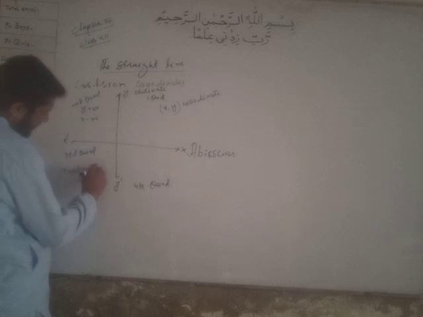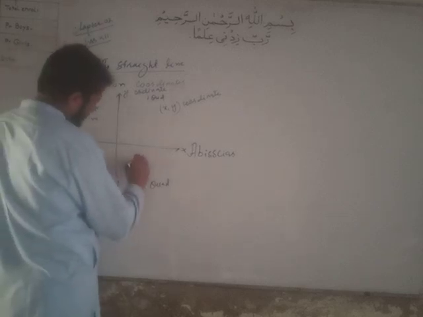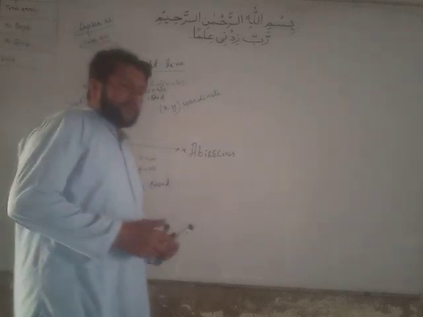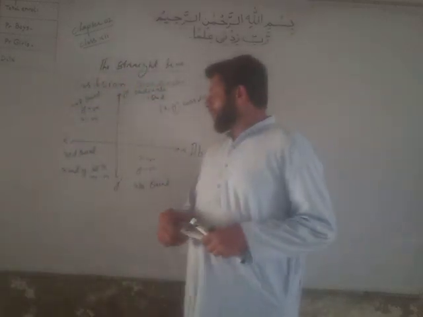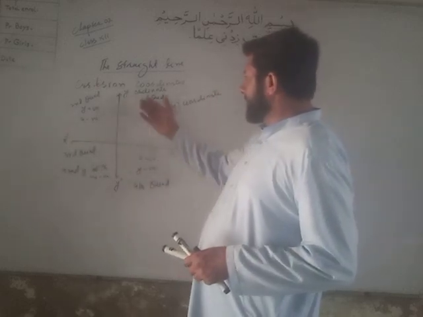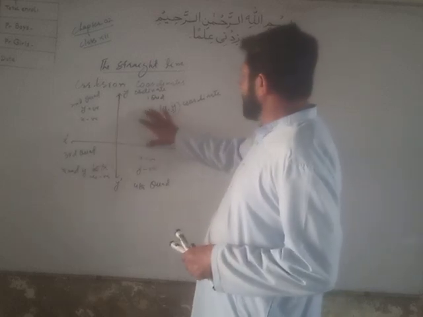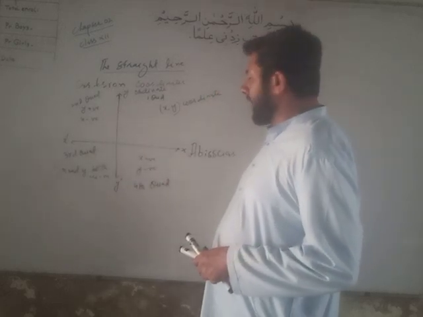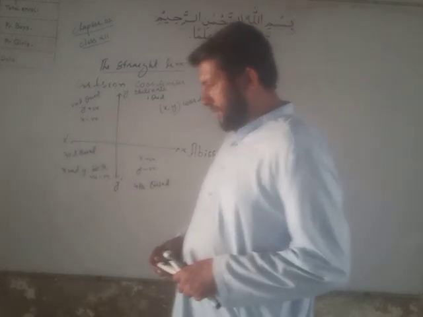In the third quadrant, x and y both are negative, and in the fourth, x is positive and y is negative. This is the two dimensional plane, the surface, with the y axis and the x axis. You are familiar with that from previous classes.